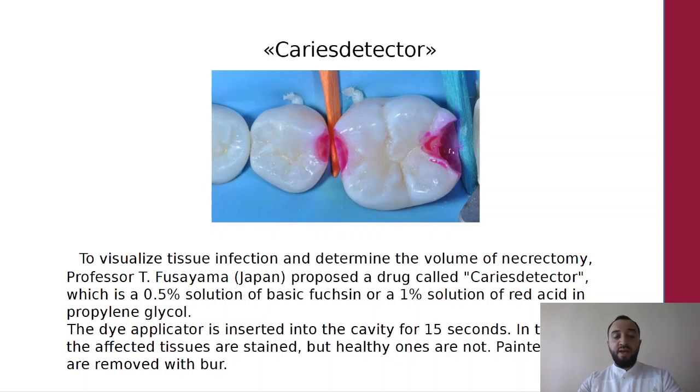The dye application is inserted into the cavity for 15 seconds. In this case, the infected tissue is stained, but healthy tissue is not. Stained areas are removed with a bur.